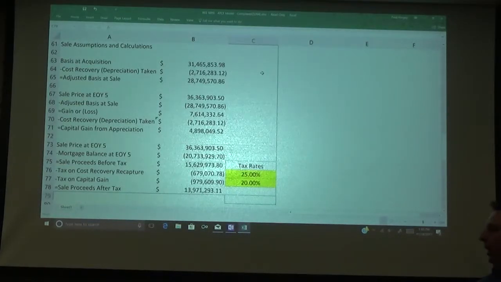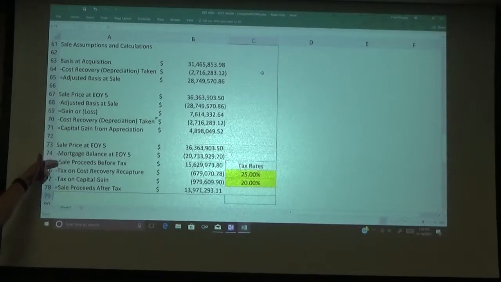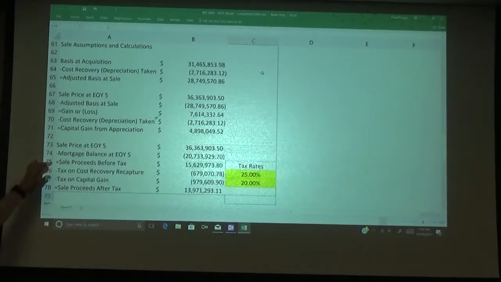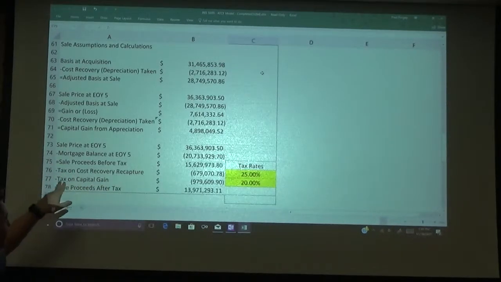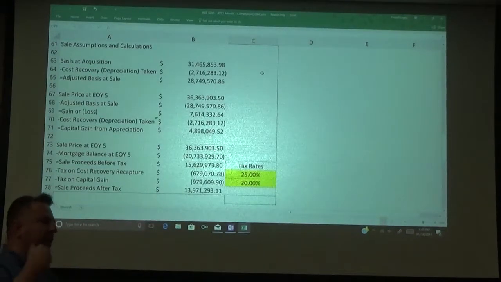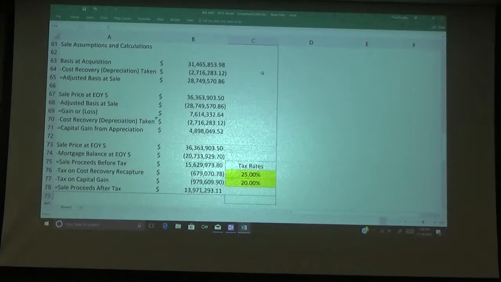Okay, all right, so we go through, this is once again going to be our reversion value for the before-tax cash flows, and then after we subtract out the two different taxes that we have on the sale, one being the recaptured depreciation, the other being the gain on the sale, the capital gain, in other words, the amount above and beyond what we paid for it, then this gives us our sales proceeds after tax, which is the value that we're going to use for the reversion for the after-tax cash flows.